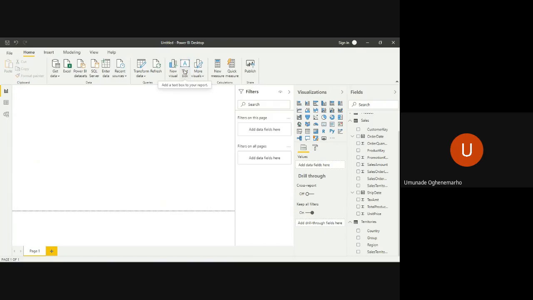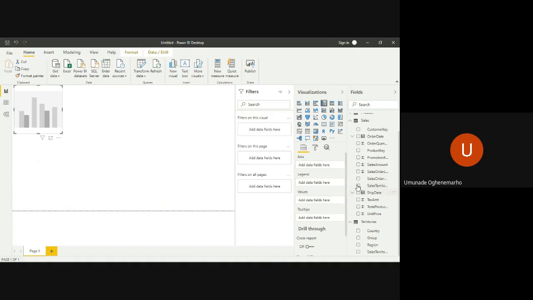Also, let's create a basic visual first of all, before we look at using filters and slicers. Let's create something to track.